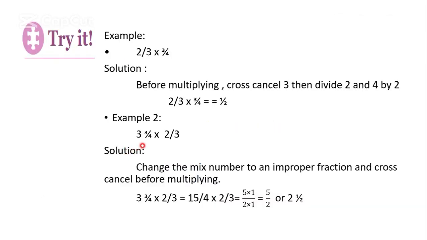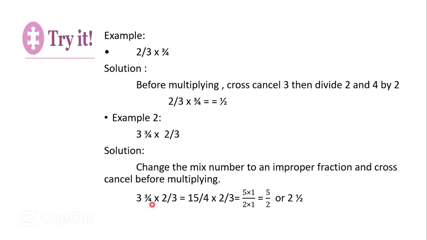So 3 and 3/4 becomes an improper fraction. By doing that, you multiply the denominator and the whole number, and then add the numerator. Add the result to the numerator. Then copy the denominator. So 4 times 3 is 12 plus 3 is 15 over 4.